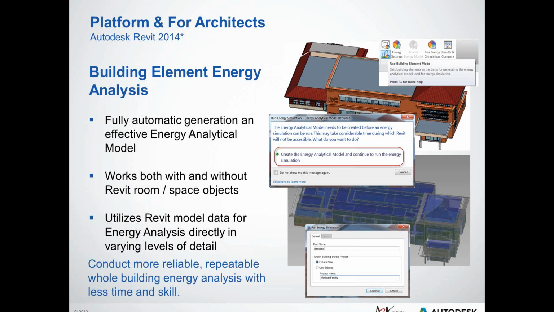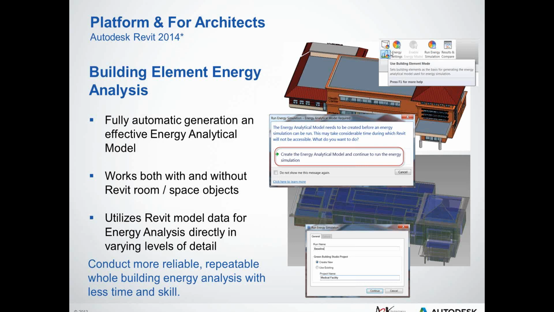So you would either have to not use the tool or come back and do a parallel model of a conceptual model that represented your building. Inside of 2014, we've now got the capability to use real Revit elements like walls and doors and windows and floors and roofs and so on as the basis for the form to do the conceptual energy analysis.